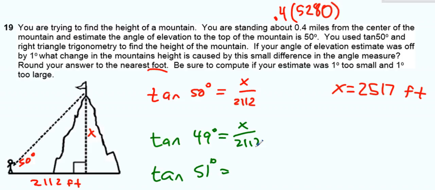So we set up the exact same question, just change out the degree twice. And we solve each of those the same way. Multiply by 2112.